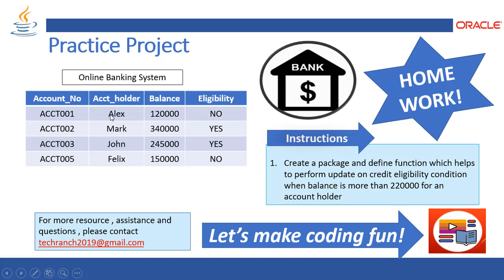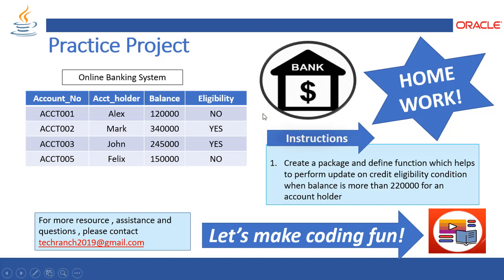This table contains some information and data of account holders. Now you have to create a package and define a function which performs an update on the credit eligibility condition when the balance is more than 220K for an account holder.